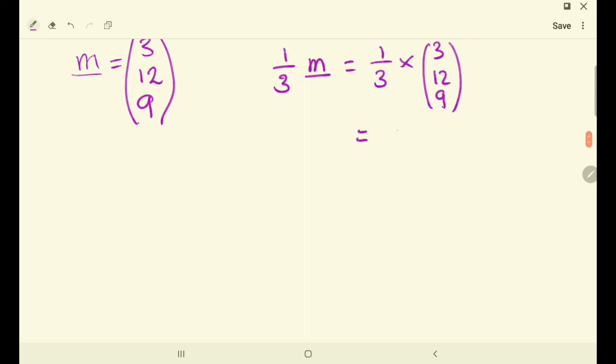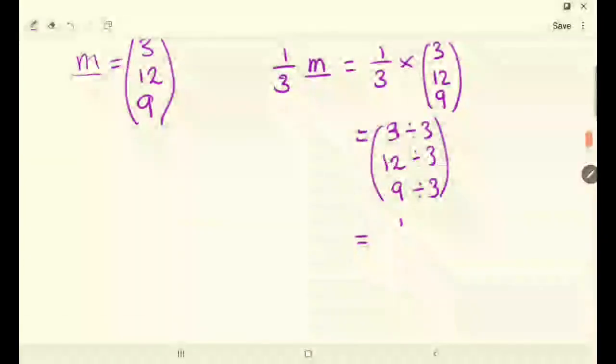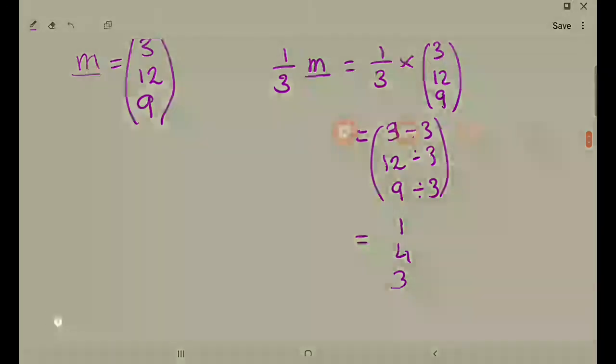A third of 3 is going to be 1. Remember, you can just divide by 3, that's taking a third of something. Oh, sorry, correction, I did the answer before I did the question. So we've got 3 divided by 3, 12 divided by 3, 9 divided by 3, and then we get to put those answers into our final vector.